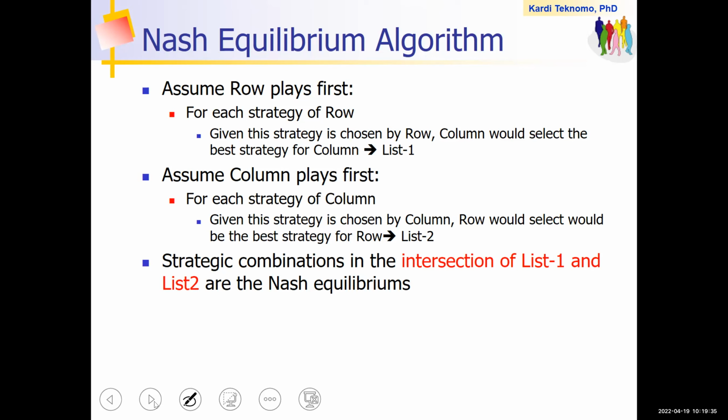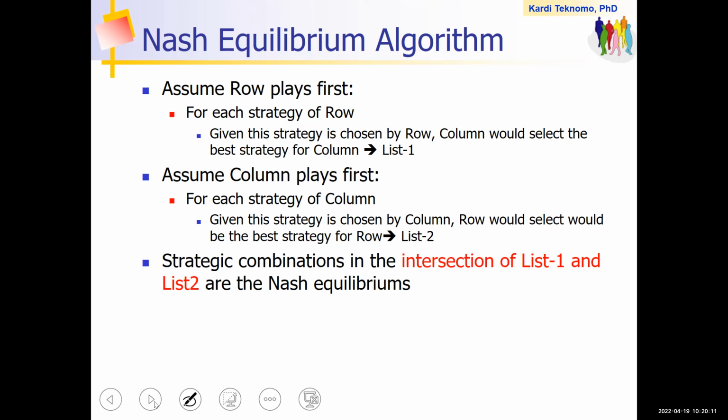Okay, so this is what I'm trying to do, simplify it, to make it into an algorithm. So first you assume Miss Row will play first. And then for each strategy of the row, given this strategy is chosen by row, now the column will select the best strategy for column. And then put that best strategy for column as list 1.